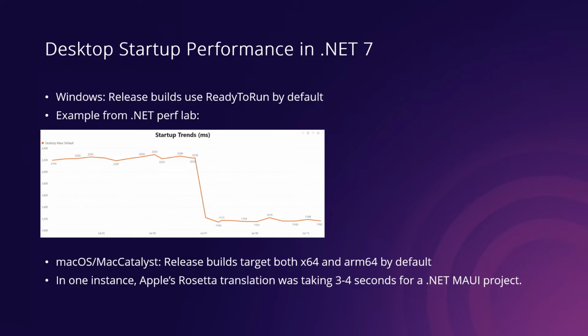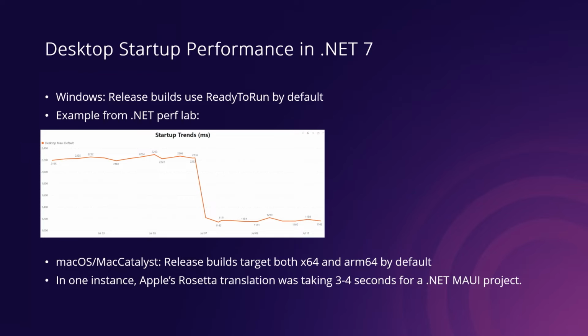So we had a customer who was reporting that their app was taking like 3 or 4 seconds to launch. And then they would launch it a second time, it would be fast. And it turns out that they were compiling their app for x64 and running their app on like an M1 MacBook Pro. And so they were seeing Rosetta, Apple's translation technology that makes that app able to run.